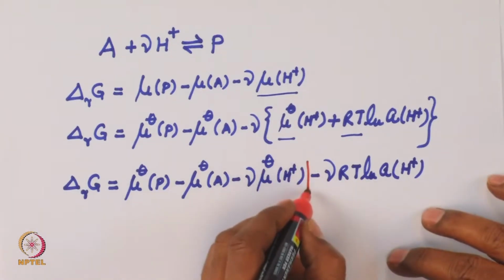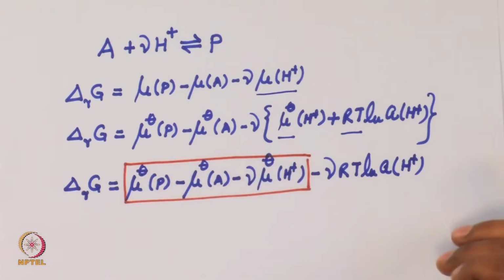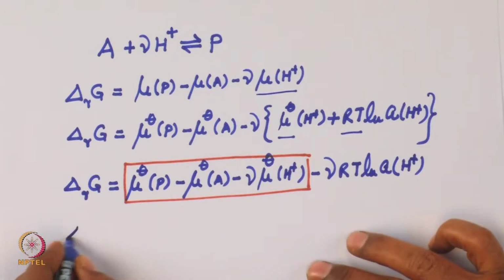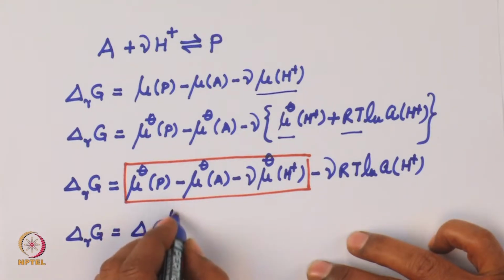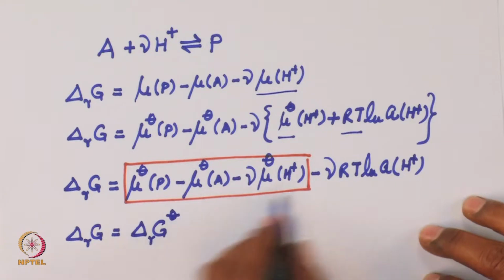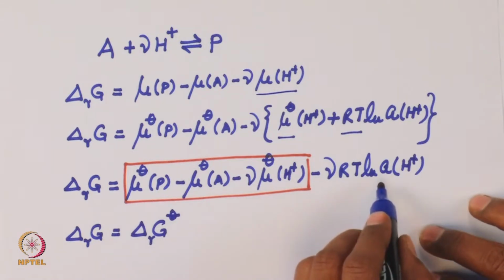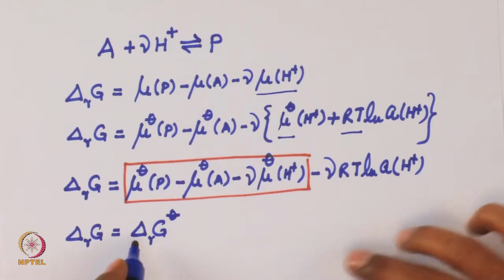I will combine all these standard state quantities, and therefore, I have delta Rg is equal to, this is nothing but delta Rg naught, the difference in the standard state chemical potentials, and minus nu RT log activity of hydrogen ion.